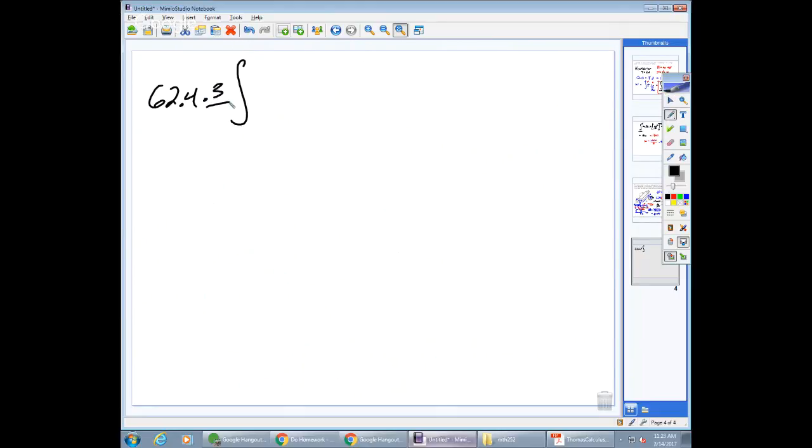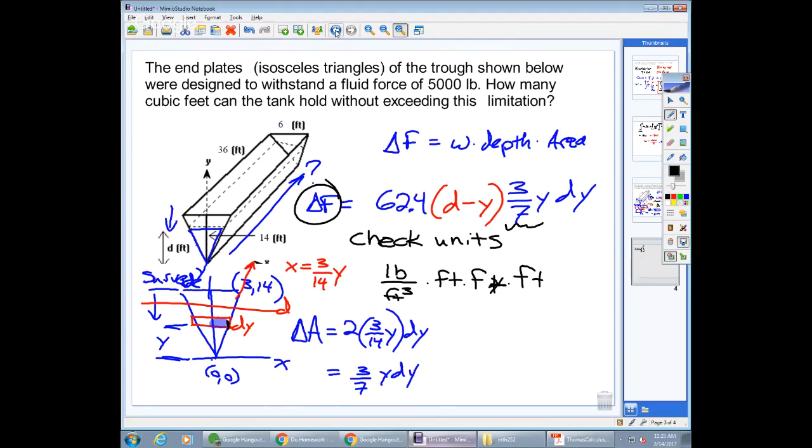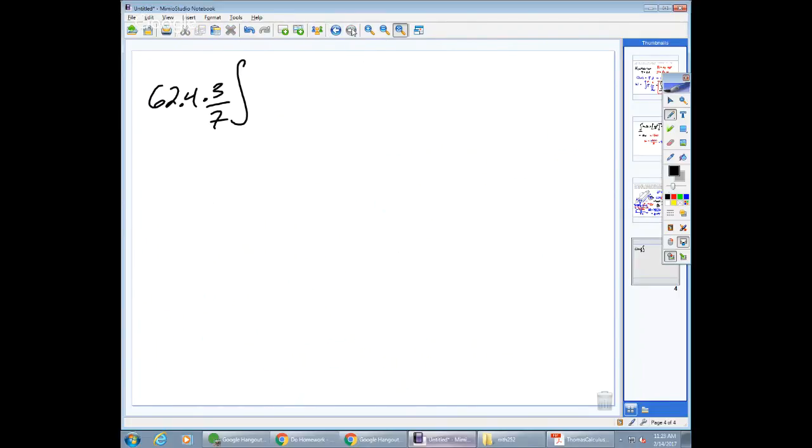Times 3/7. And then let's see, what did we have in there left? We have a D minus y times y. And it's not a bad idea to distribute those. So that'll give me a D y minus a y squared dy. Did I catch everything there? Okay.